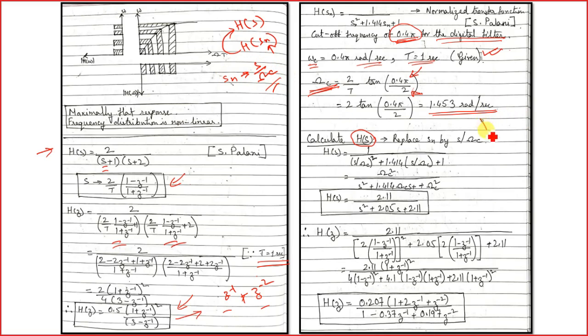Now omega c we have already calculated over here, so you have to put in the values in the equation and then calculate H(s), and after the calculation of H(s) you have to replace s with 2 by T times (1 minus Z inverse) divided by (1 plus Z inverse), right? So after putting that in, we'll be getting this equation. Okay.